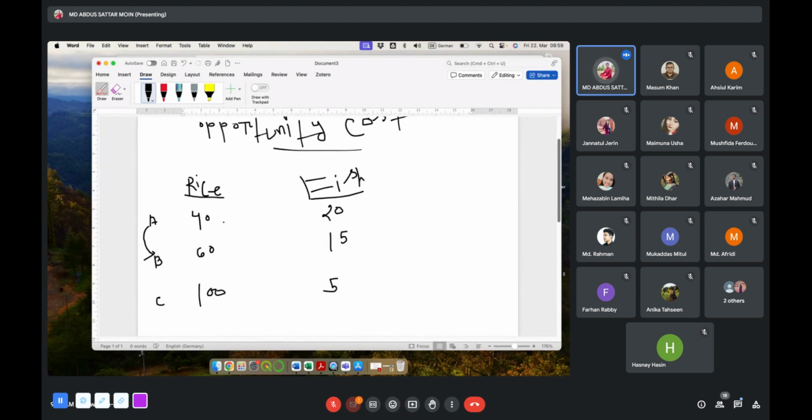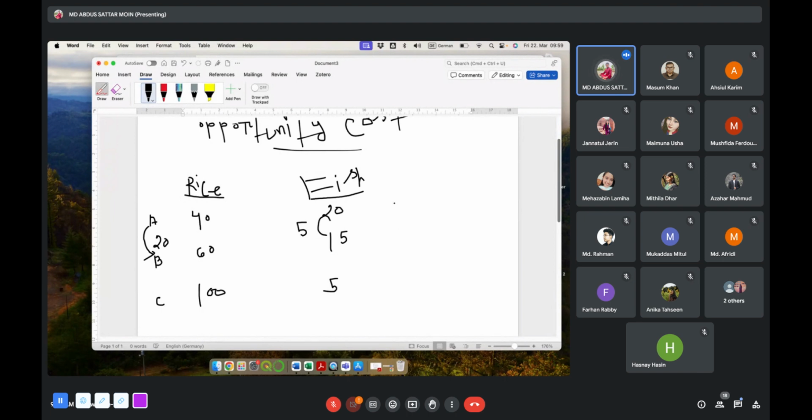So I have increased my rice production by 20 units. And to increase that 20 units of rice production, I need to reduce my fish production by 5 units. So between points A and B, 20 units of rice production needs the reduction of 5 units of fish.